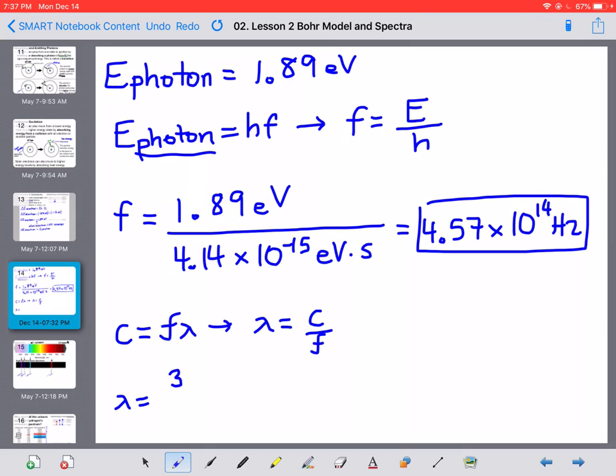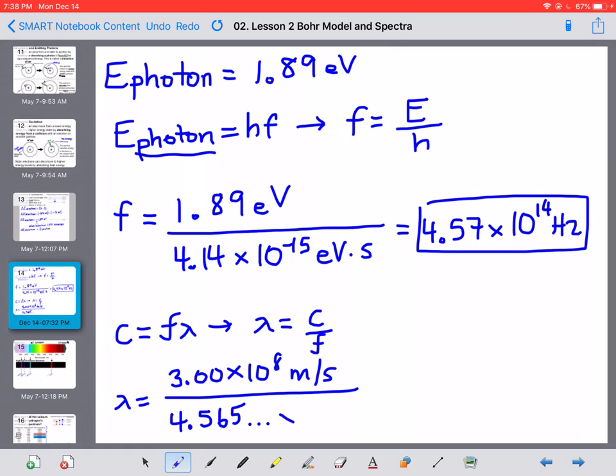So speed of light is 3 times 10 to the 8, and we're going to divide by the frequency that we just found, 4.565 times 10 to the 14 hertz. And that gives us 6.57 times 10 to the negative 7 meters.